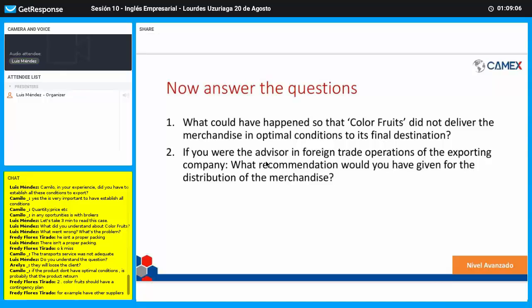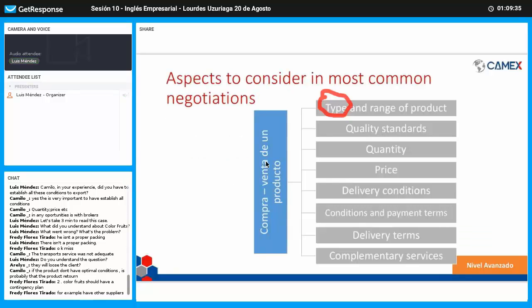Okay, people, so today we have explored a little bit about the international logistic chain. We have talked about the three main actors in international businesses. We also talked about the main aspects or terms that we have to consider when negotiating, okay?